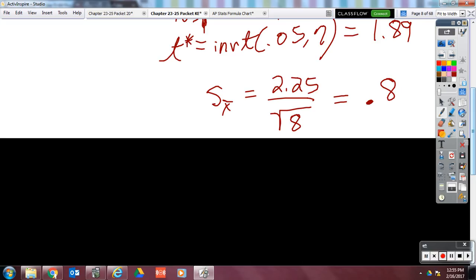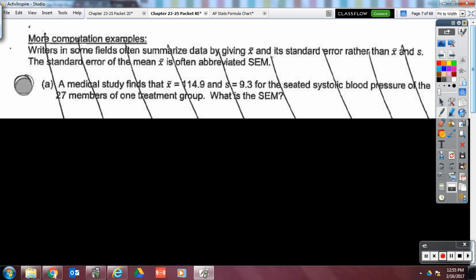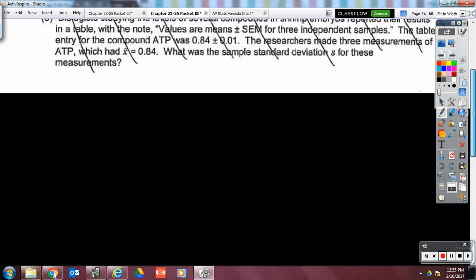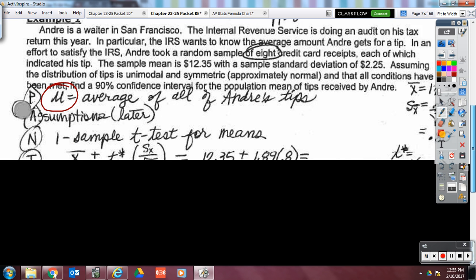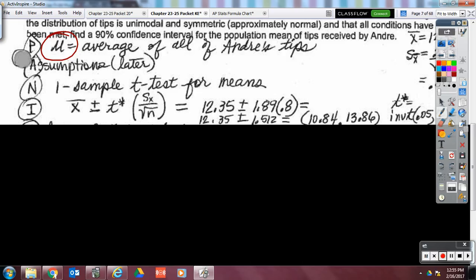So there's all my numbers that I'm using, which then gave me this interval here. 12.35 plus or minus 1.89 times 0.8. After doing all of that, I got that the 90% confidence interval for the average of all of Andre's tips goes from 10.84 to 13.86.